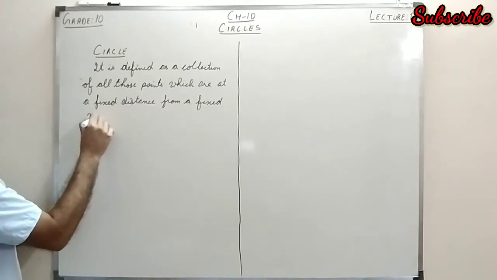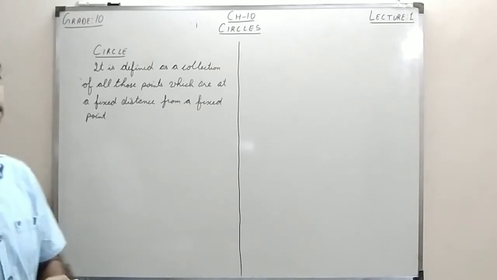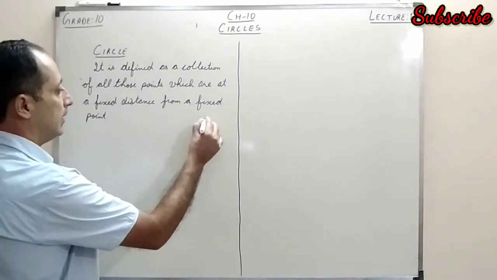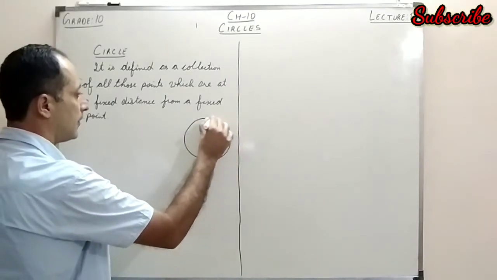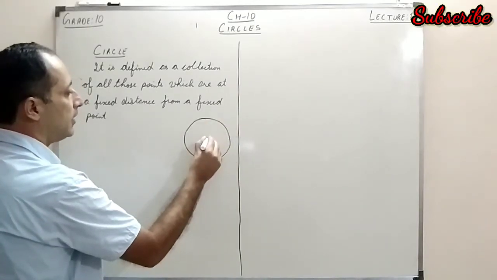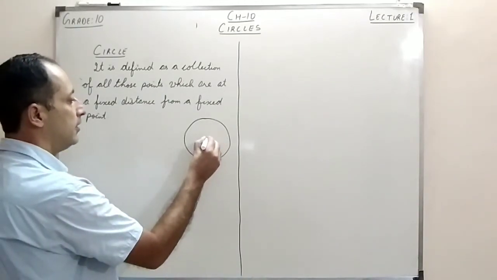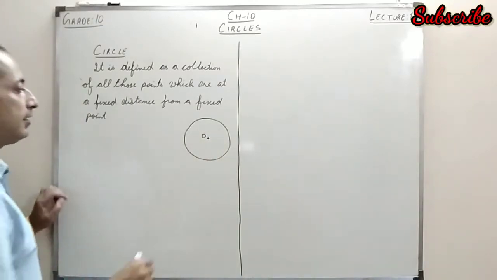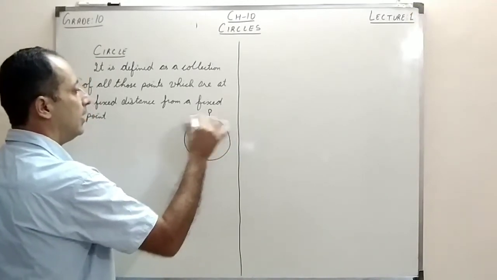Now here, this fixed point is basically the center of the circle, and the fixed distance is called the radius of the circle. So, collection of all those points which are at a fixed distance from a fixed point. The center O is the fixed point, and this fixed distance is called the radius.